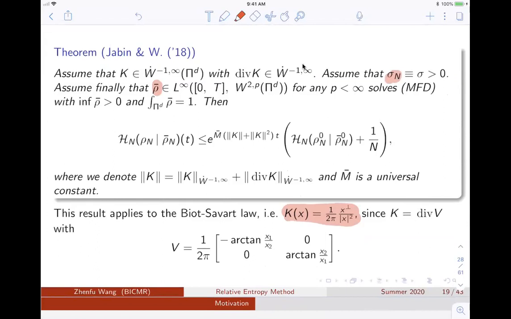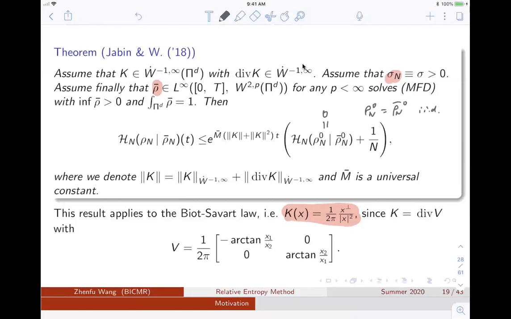We can propagate the relative entropy, right? So as I said, initially we can even assume IID. If we assume initial particles are IID, then the initial relative entropy is 0.